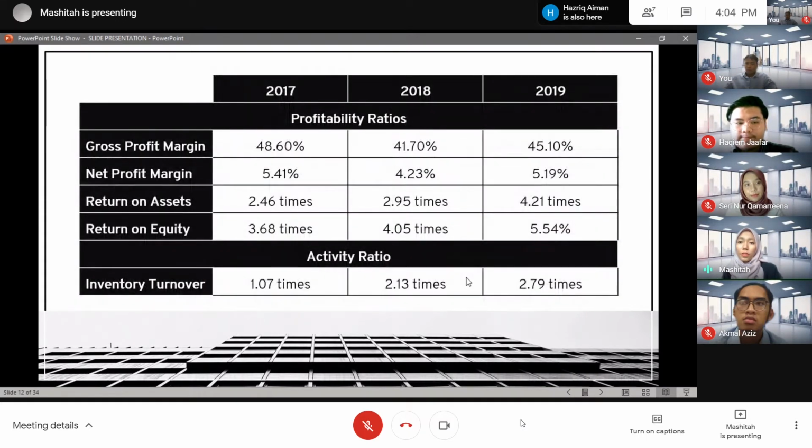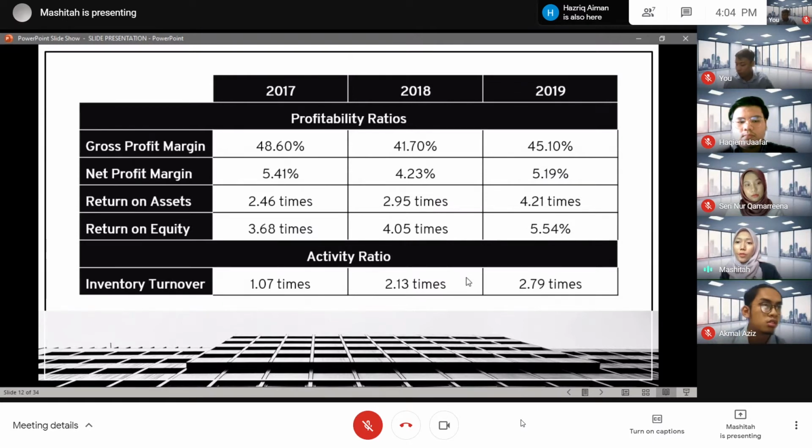In profitability ratios, we calculate 4 types of ratio, which are gross profit margin, net profit margin, return on asset, and return on equity. From the table, the lowest gross profit margin and net profit margin are during 2018.